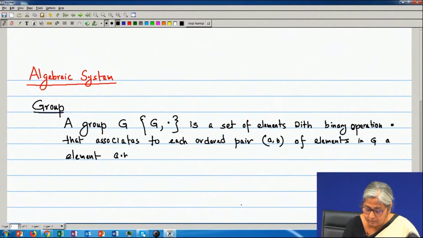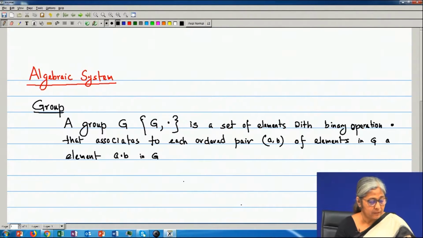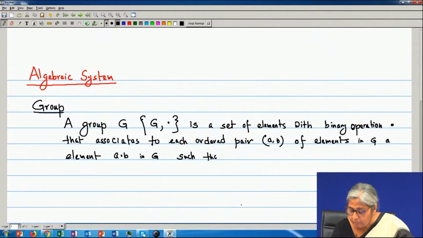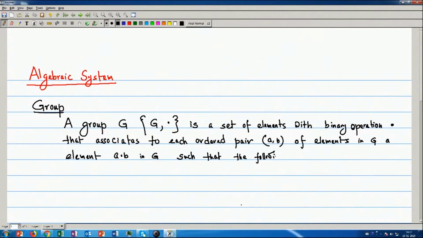So, A dot B is also in G, such that the following properties must hold.